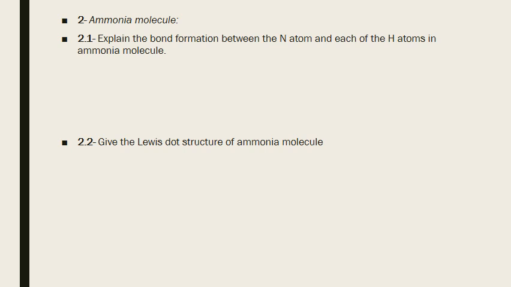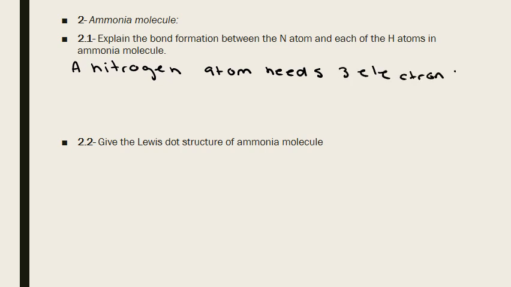Ammonia molecule. Explain the bond formation between the N atom and each of the hydrogen atoms in ammonia molecule. So we write: a nitrogen atom needs 3 electrons to satisfy the octet.